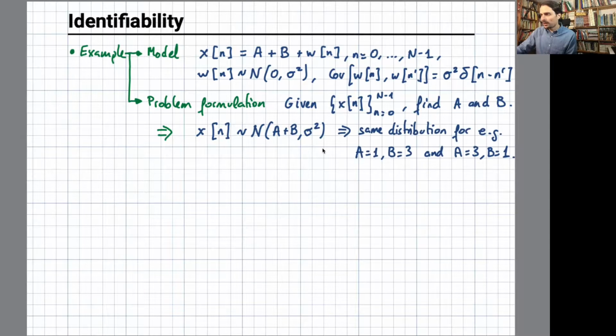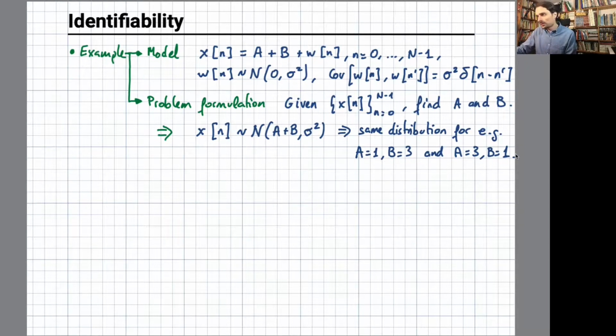What we observe here is that this distribution depends on A and B only through the sum of A and B. That is, for two different combinations of values of A and B with the same sum, the distribution is the same. So, for example, the distribution is the same when A is 1 and B equals 3, or when A is 3 and B equals 1.